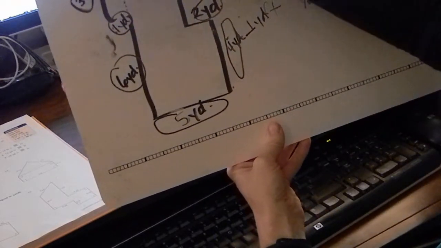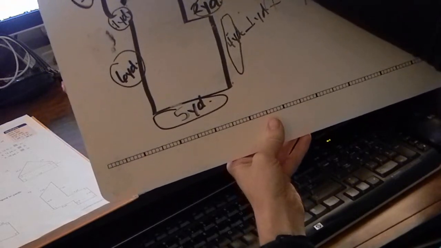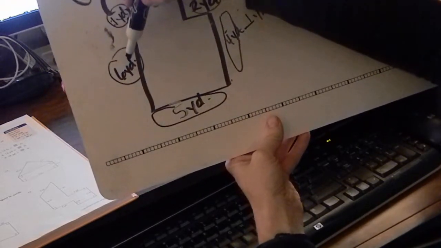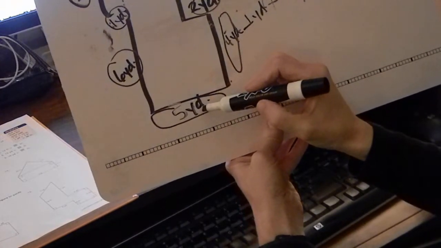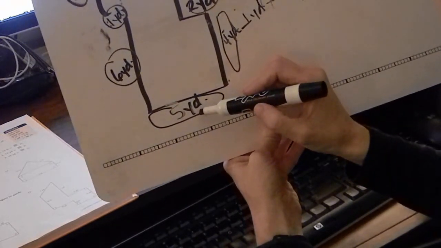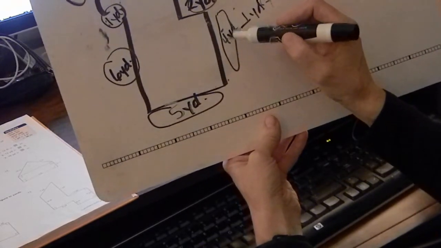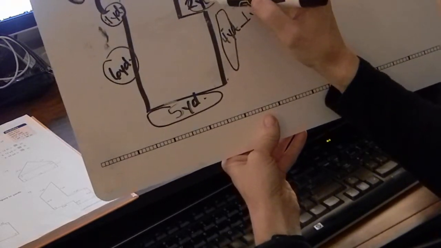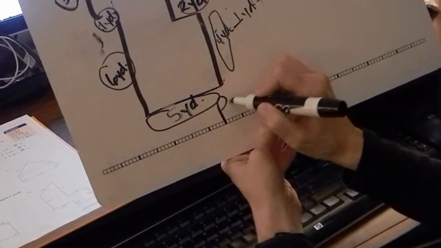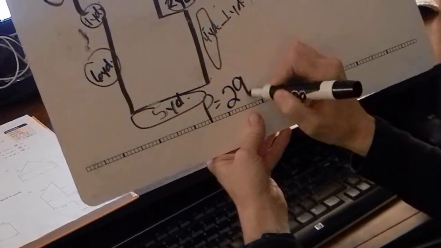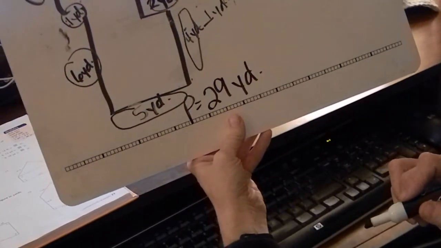So 3 and 3 is 6. 6 plus 1 is 7. 7 plus 6 is 13. 13 plus 5 is 18. 18 plus 4 is 22. 22 plus 2 is 24. 24 plus 5 is 29. So the perimeter is going to equal 29 yards. And that's how you solve a problem like that.